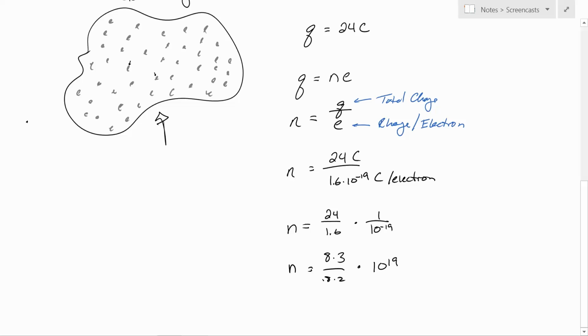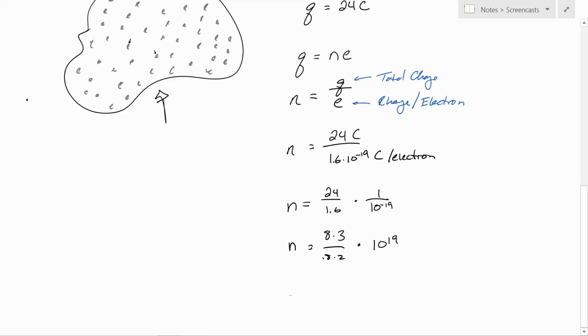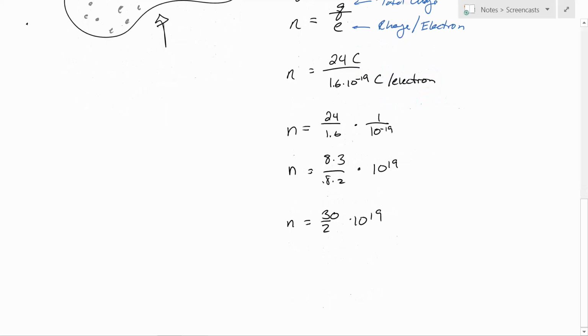That's 10 to the 19th, because if I flip it upstairs, I change the sign of the exponent. I usually don't struggle this much with math; it's tough at the end of the day. So 8 divided by 0.8 is 10, so 30 over 2 times 10 to the 19th, which is 1.5 times 10 to the 20th electrons.